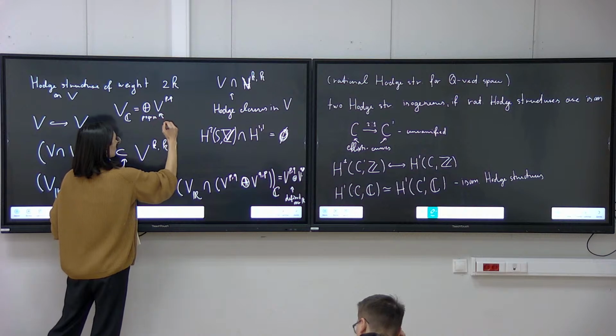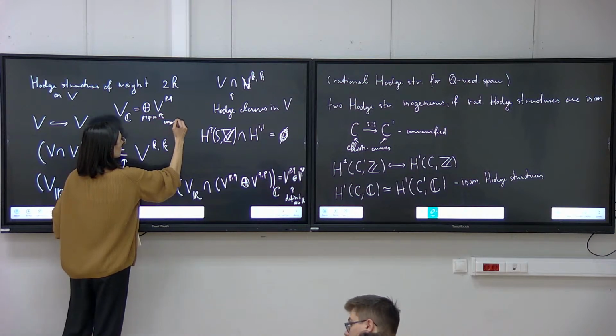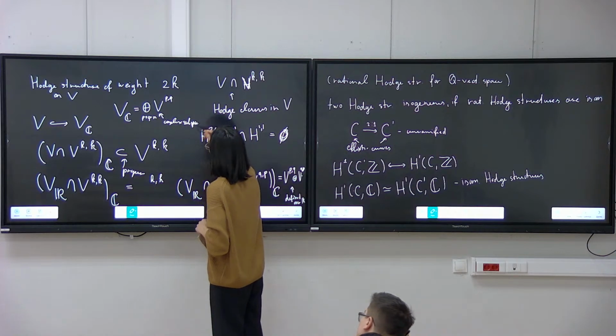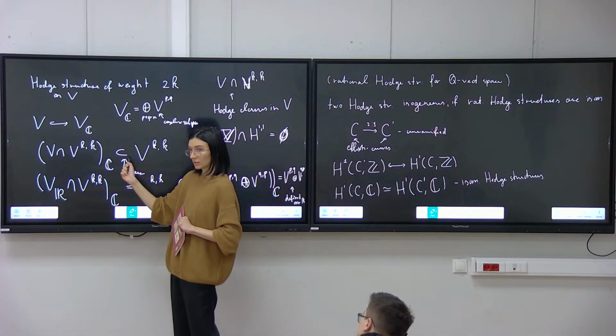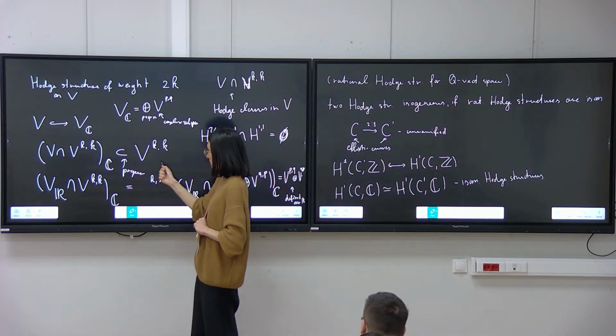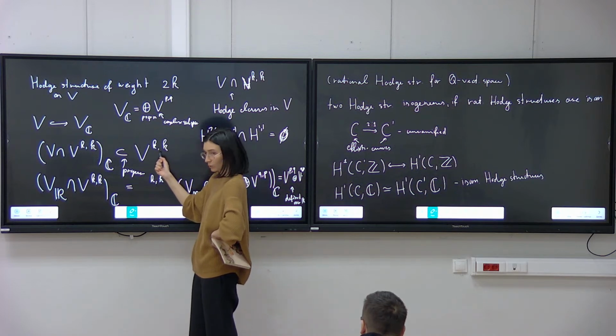This is complex. The question here is, why is that a proper subset of V_K? Why is it proper? Why doesn't it coincide with K_K?